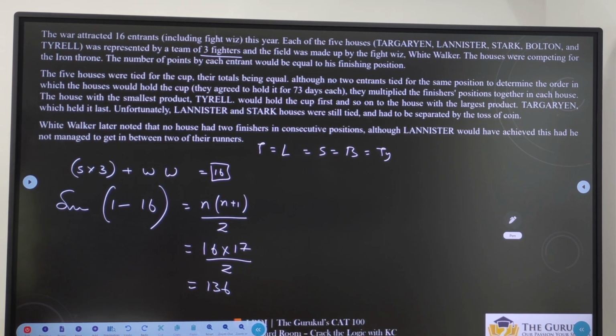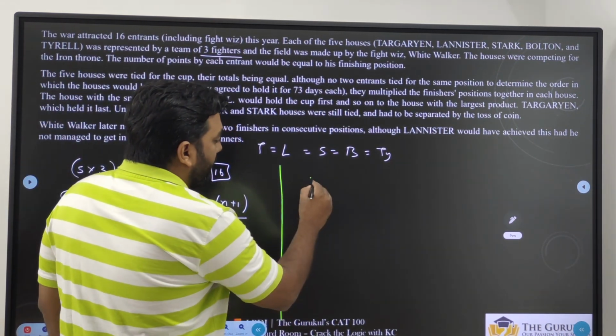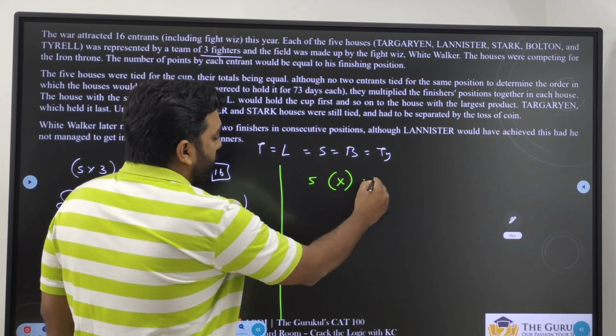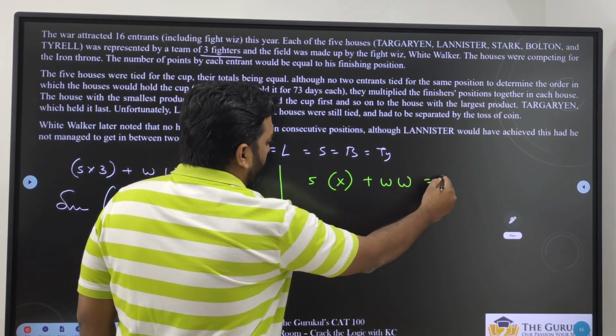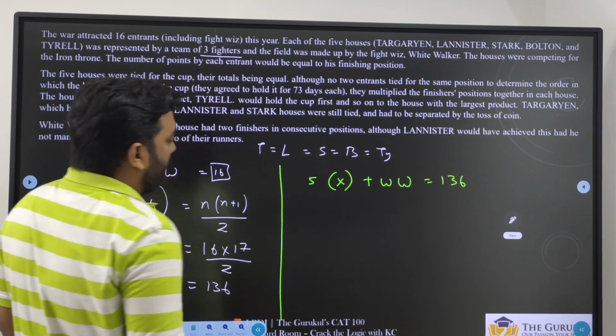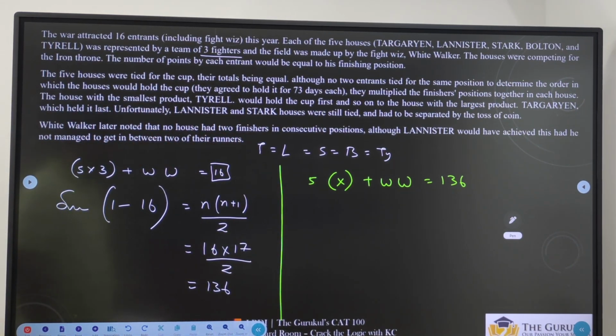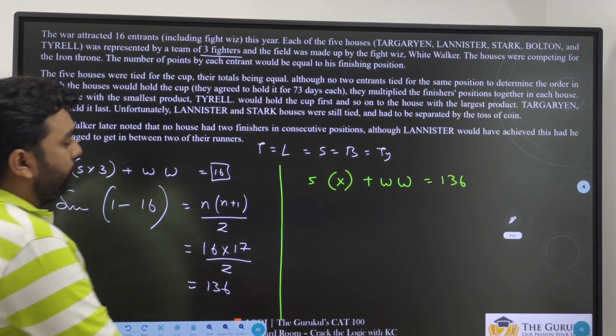Okay, and we already know all the teams have the same total, and there are 5 teams. So 5 into sum total plus White Walker score is equal to 136, sum of all the numbers. Now what can be the possible values of X and White Walker? That is the first point we need to start with. Now White Walker can be 1.